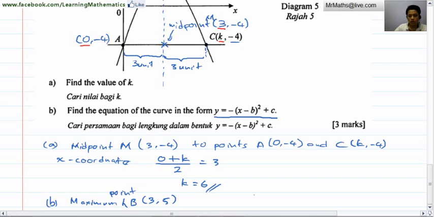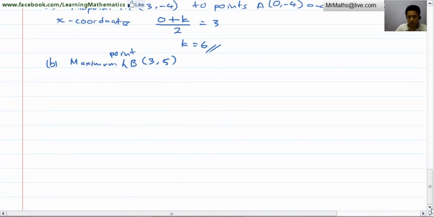Then let me just move down a little bit. Then f(x) is 5 when x is equal to 3.